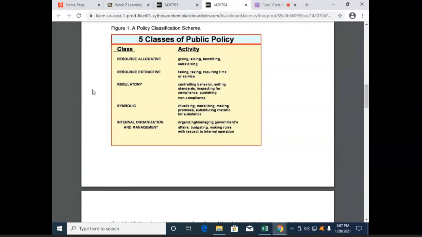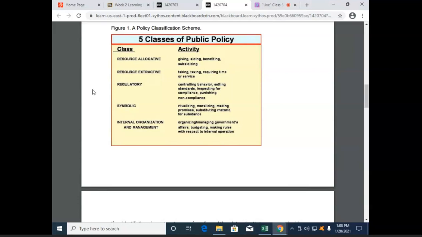Since we're associating the substance of public policy very closely with what government does, the implementation of public policy can be a difference between what government decides to do and what government actually does. This policy classification scheme, I think, is useful because it focuses our attention on what government actually does.